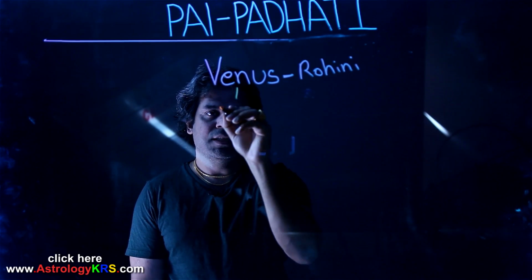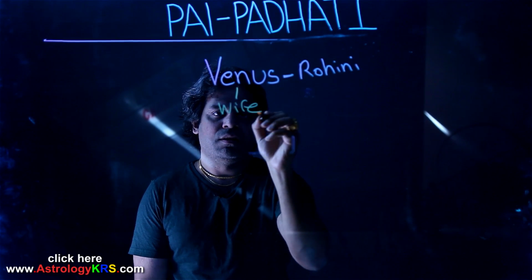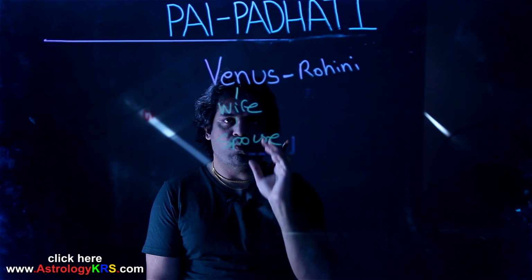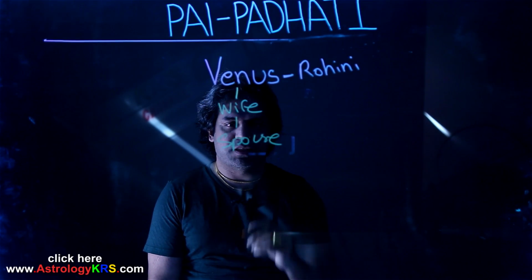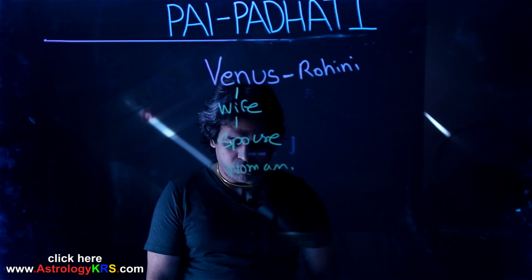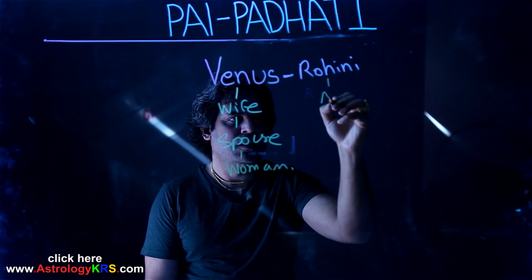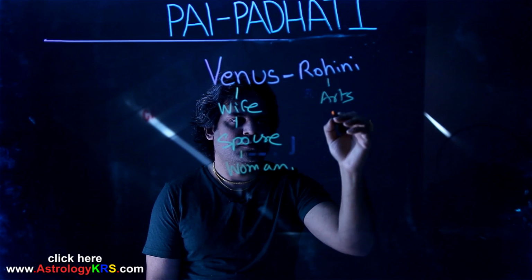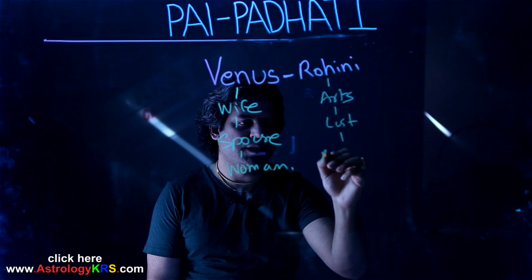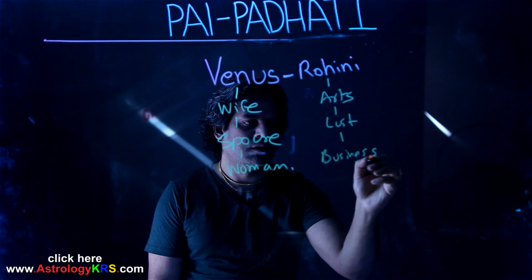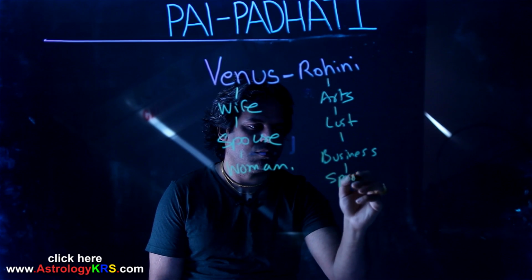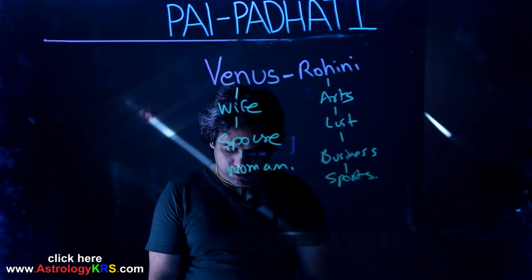Venus is wife, spouse. That's the first thing we see about Venus, a woman. Rohini: arts, lust, business, sports. So now we see this.